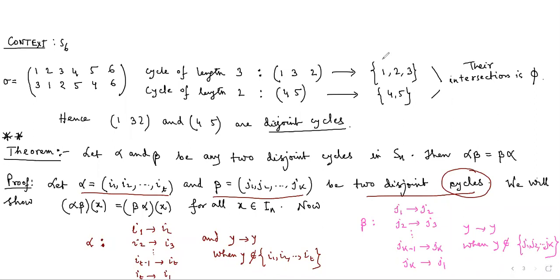Okay, I'm going to the next page. Now, suppose X is neither one of I1, I2, ..., IT nor one of J1, J2, ..., Jk. Let us consider an element X which is neither of these.